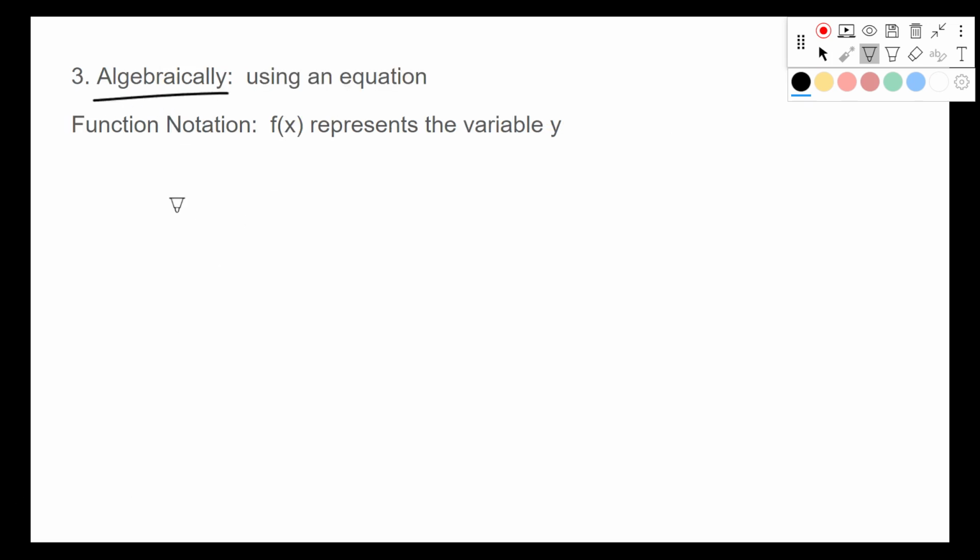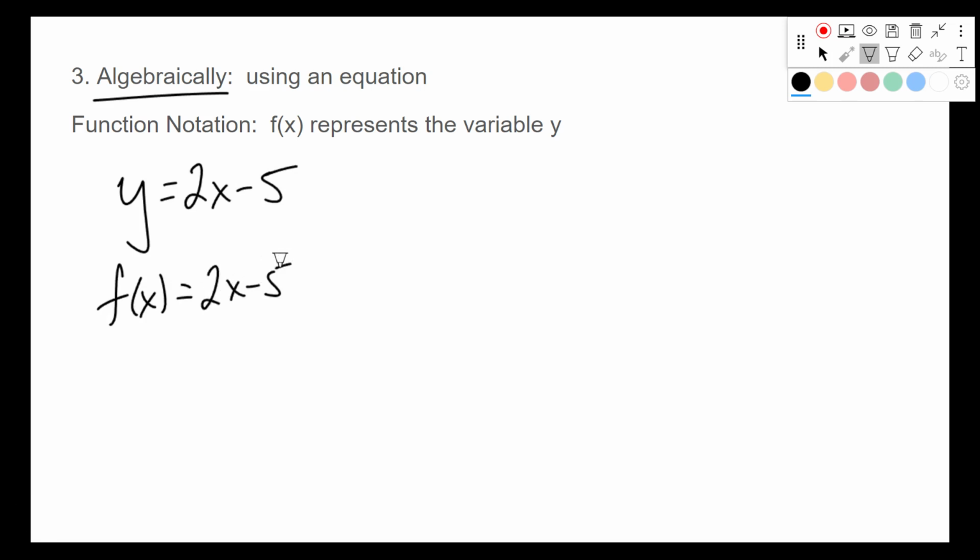Algebraically, using an equation, function notation, f of x represents the variable y. If I were to ask you to graph the line y equals 2x minus 5, it's the same thing as me asking you to graph f of x equals 2x minus 5. Y and f of x are the same as each other. Yes? F of x is a fancy way to say y.